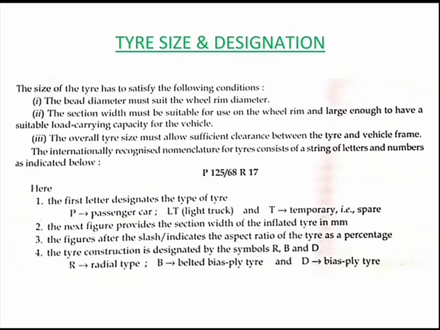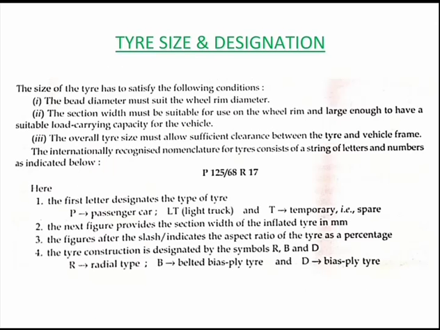Now you can see that here I mentioned P125/68 R70. Here P represents a passenger car, while LT, which is given separately, is the light truck, and T is the temporary.